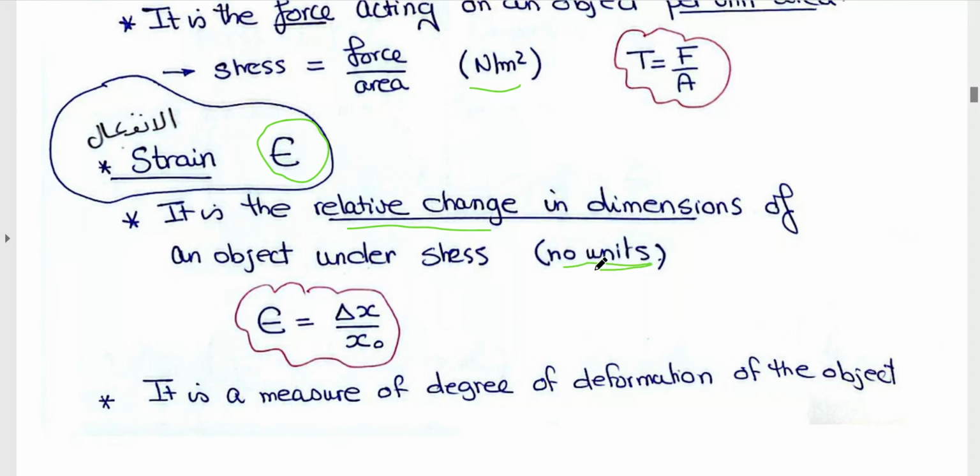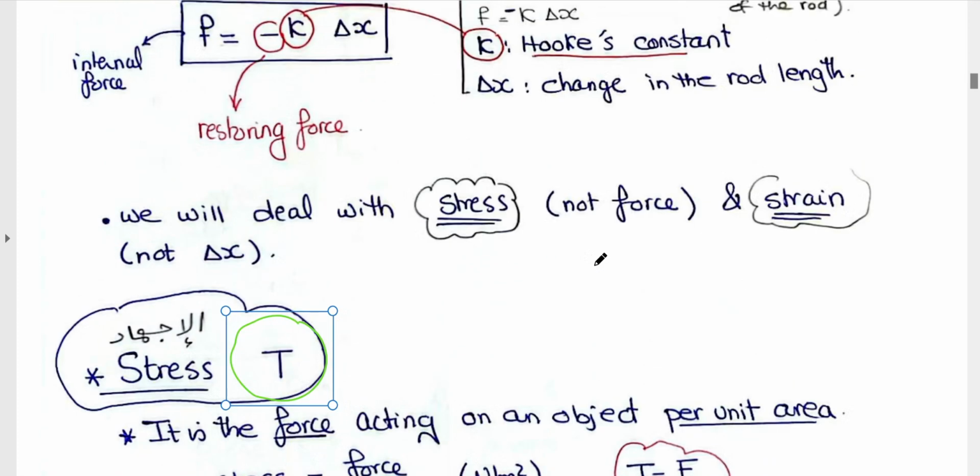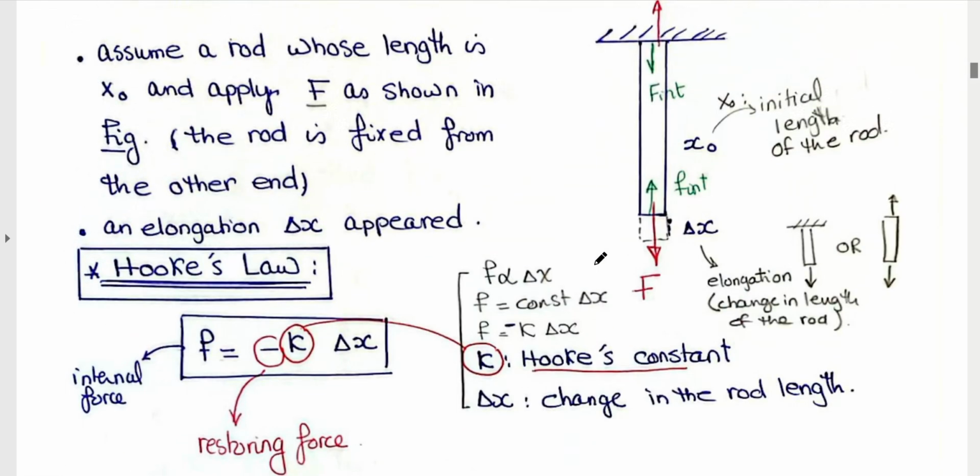So we want to study the elastic properties of the materials in terms of stress and strain. You will apply force on this rod. This force, you will see it as force per unit area, which is stress. The rod will be deformed.